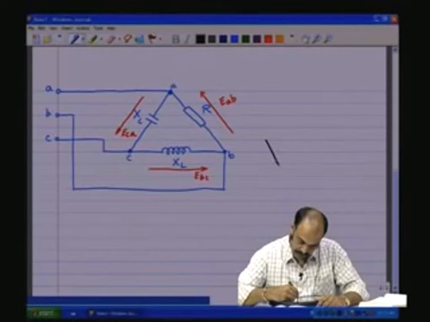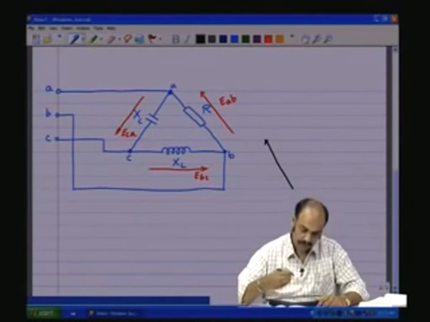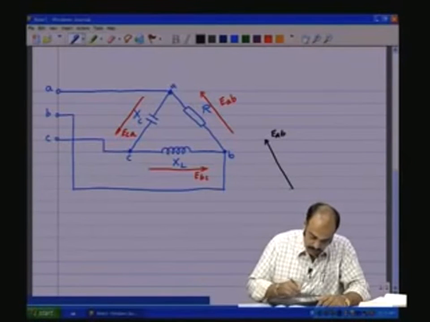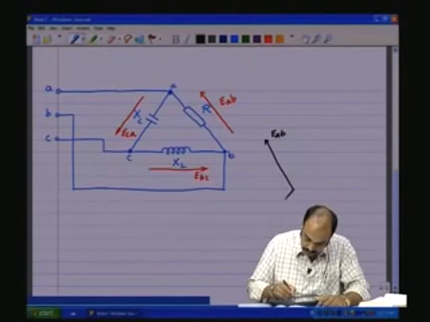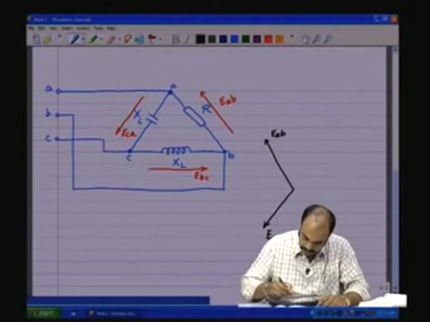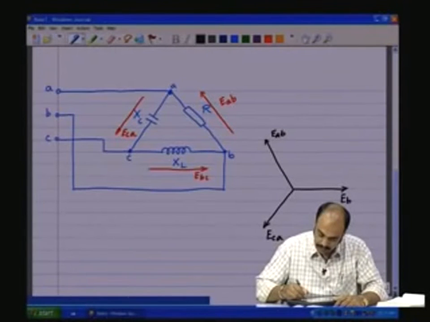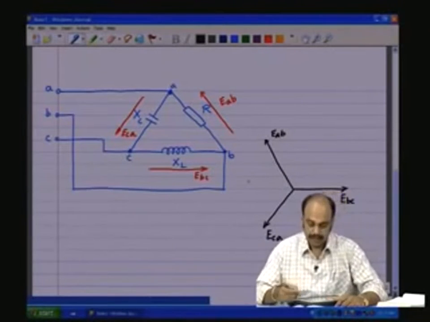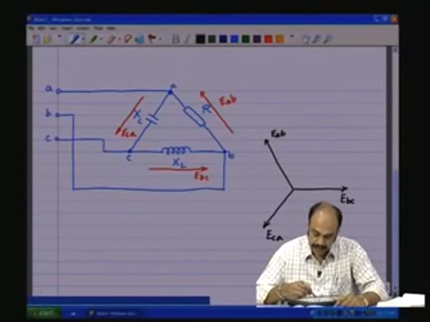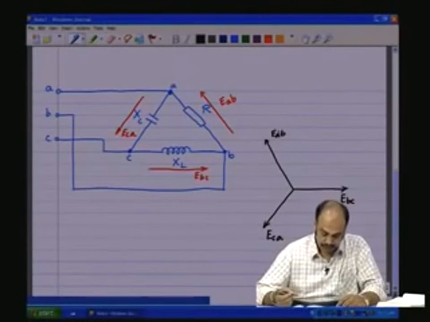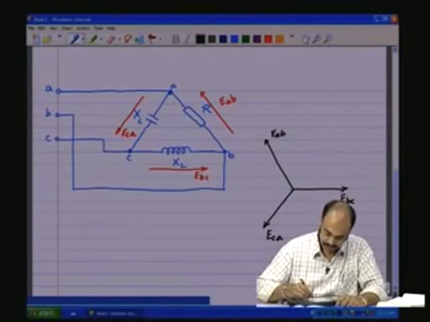Let us say we have EAB, ECA, and EBC, all 120 degrees apart. So, EBC is lagging EAB by 120 degrees and ECA is lagging EBC by 120 and EAB by 240 degrees. This we know.